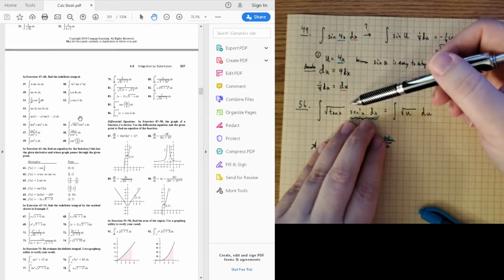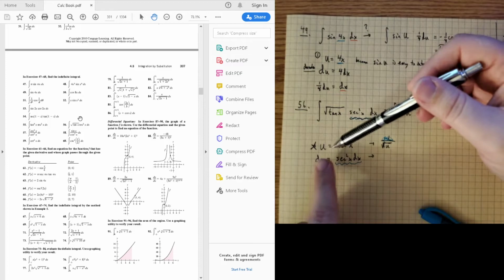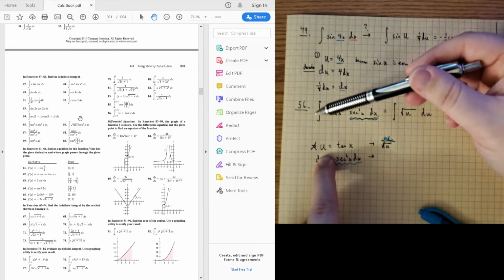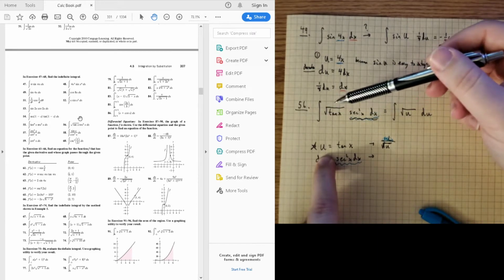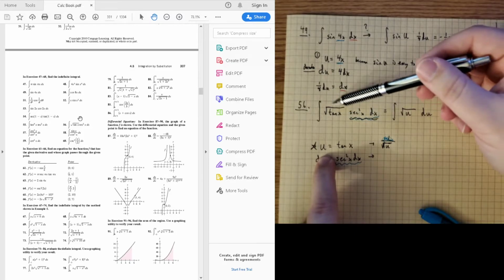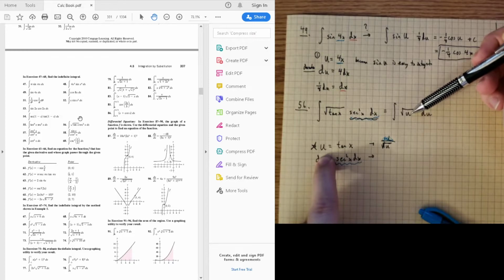Well, here are my alternatives. I use a specific substitution. This substitution changes this nastiness. And when I say nasty, it's nasty. The square root function with a trig function inside of it is nasty. I changed that from a trig function inside of a square root to just a square root function. That's nicer, because that's an easy integral, right?